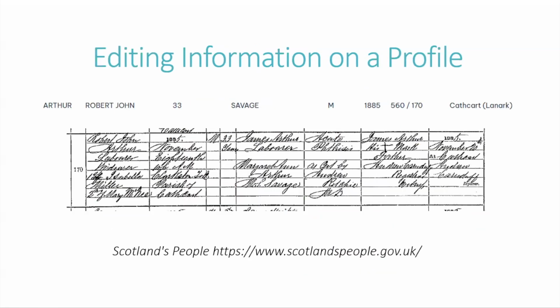And then maybe you've done some more research on the family and you want to edit information on a profile that's already there. So I couldn't find any more information on James and Margaret and their two children in Islandmagee.